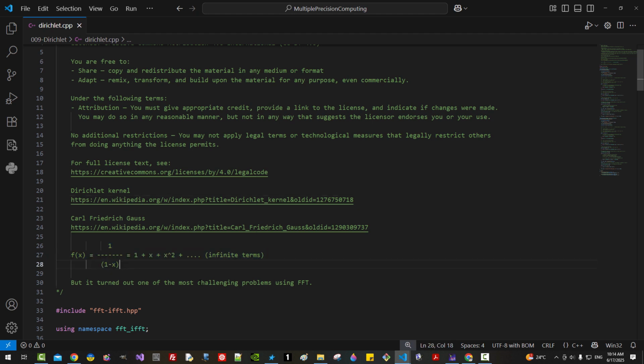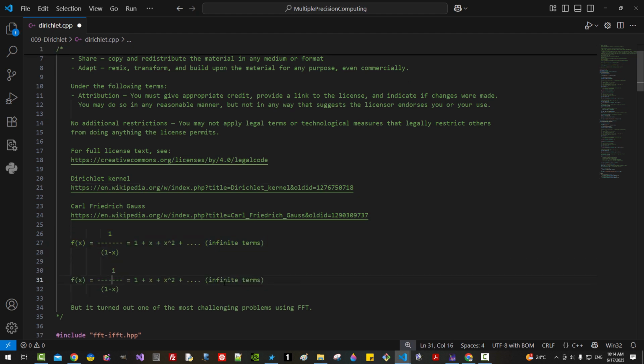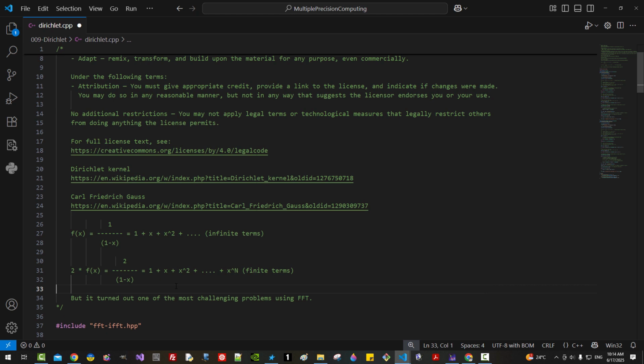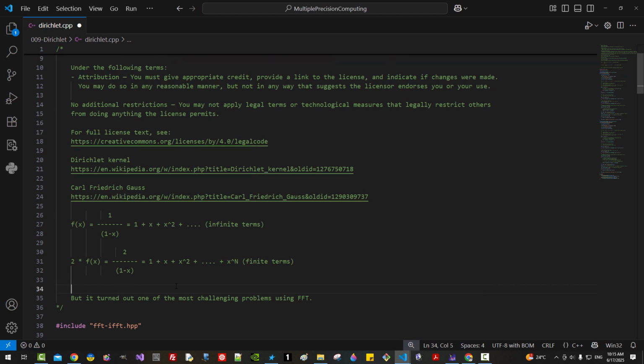So this problem can be 2 times 2, then x^n finite term, where x to the nth power is -1.